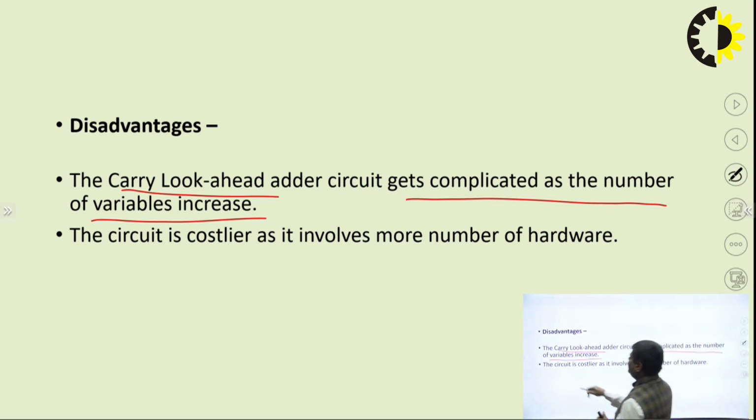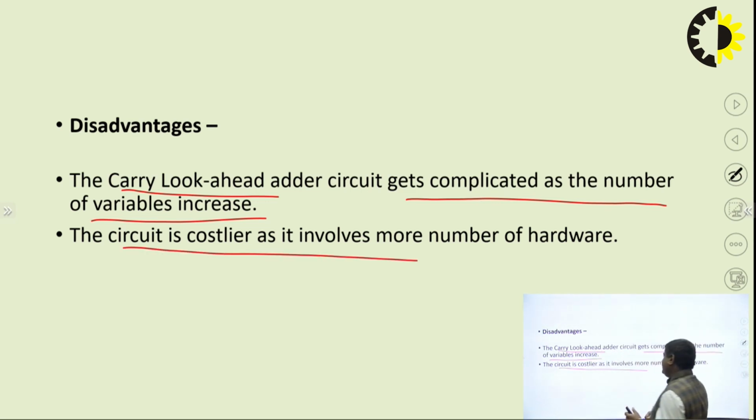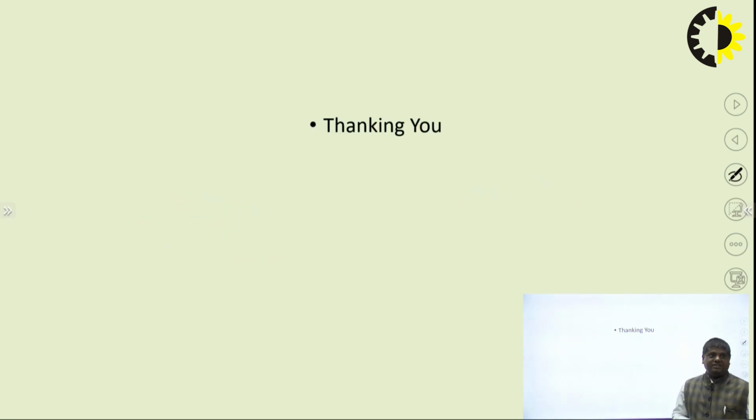This circuit diagram is very complicated, so it is very costly in terms of hardware. But the main advantage of this carry look ahead adder is to remove the delay and to increase the speed for all the operations. There are some disadvantages, it does not matter, but the main advantage is to remove the delay.